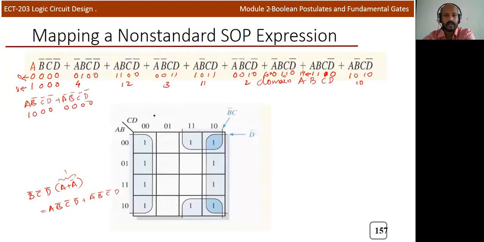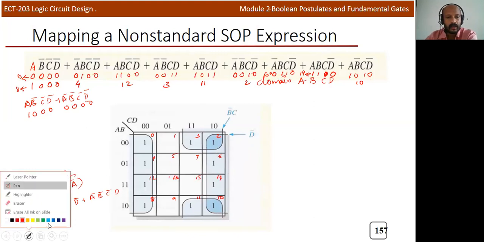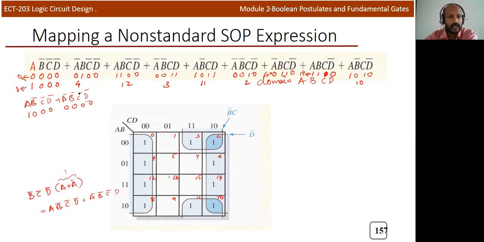In this example, we include all these values, numbered 0, 1, 2, 3, 4, 5, 6, 7, 8, 9, 10, 11, 12, 13, 14, and 15. Let us verify whether we included all these values. 0 is marked as 1, and 8 is included here.